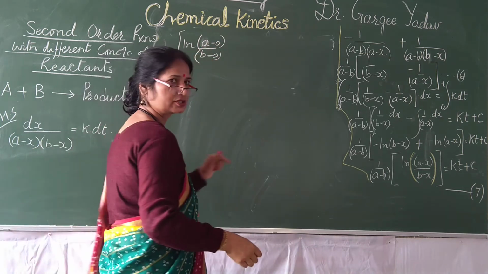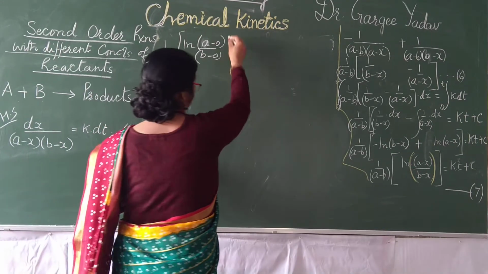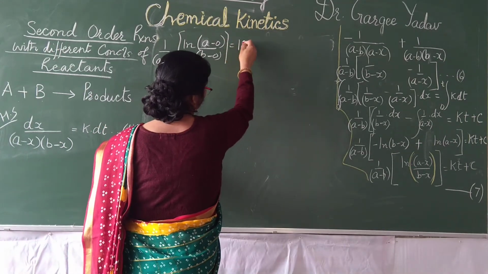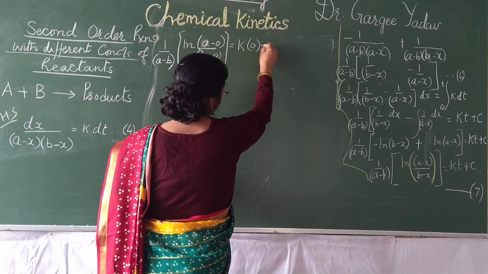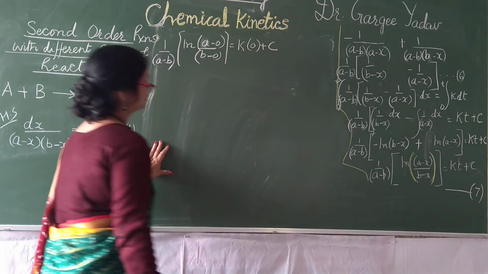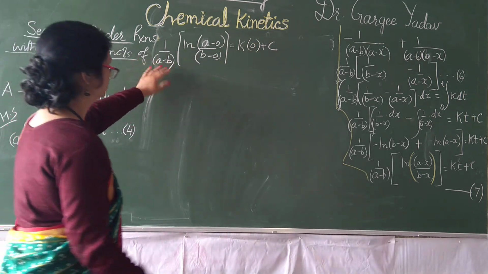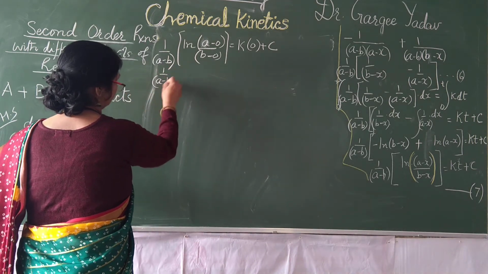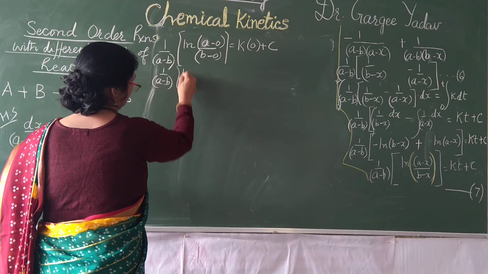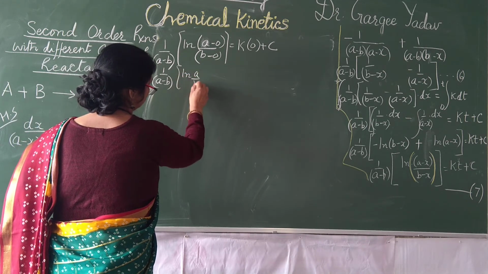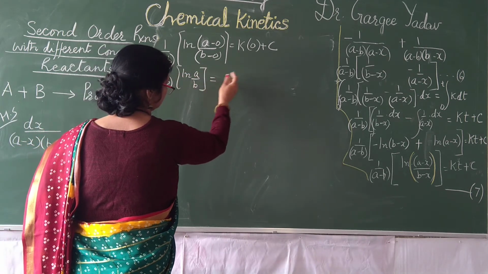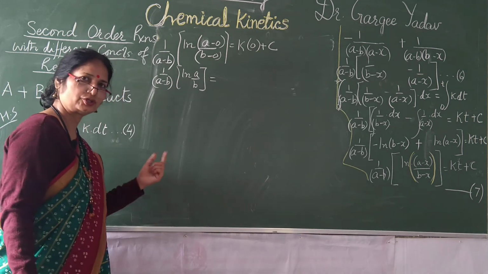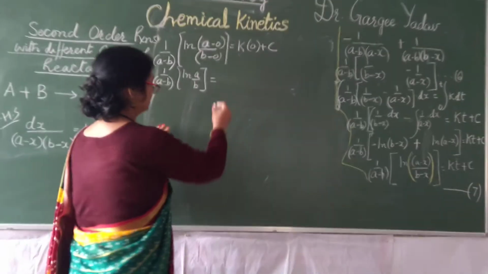Since x is equal to 0 and t is equal to 0, this will be equal to k multiplied by 0 plus c. So this is our value of c, which is 1 upon a minus b ln a upon b, because k multiplied by 0 will be 0. So this is our value of c.